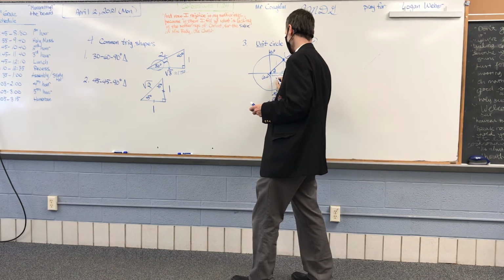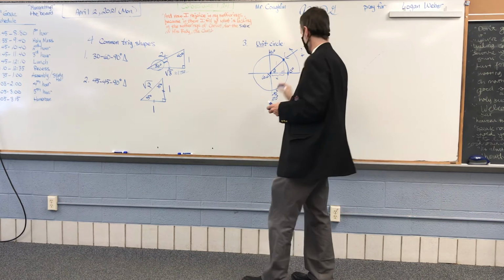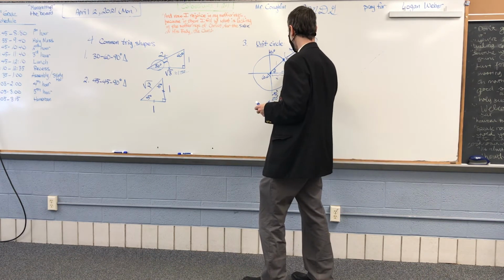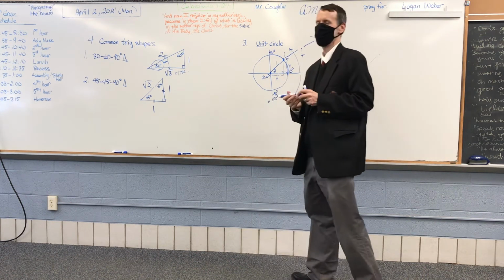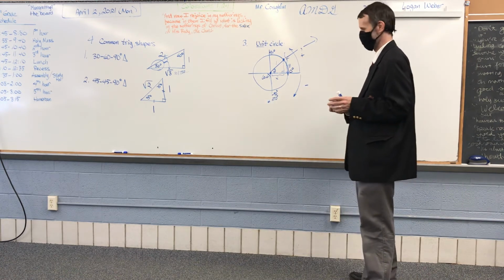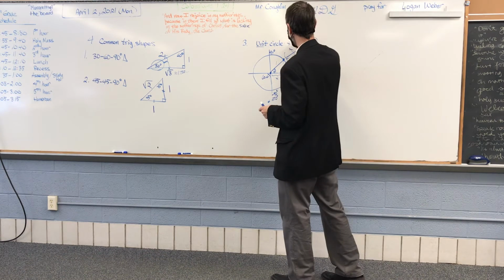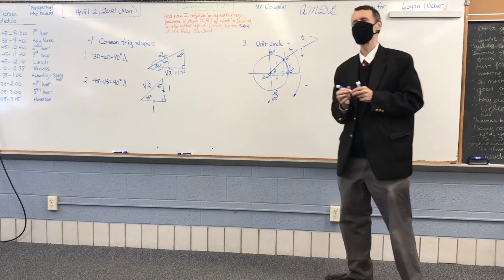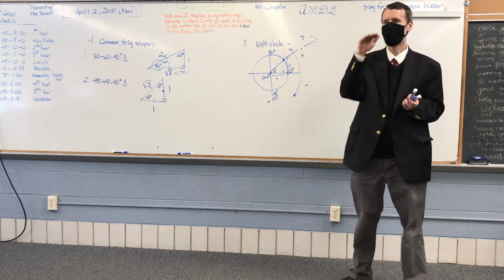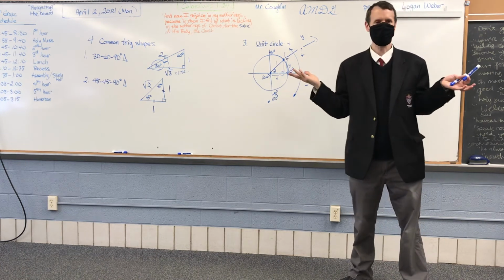I'm just going to call it X, because I have no idea. Over here, look up here. I'm going to call this Y, because I don't know what that is either. Does that make sense? I have absolutely no clue. But does everybody see that this point would be X comma Y? X is how far over it is, and Y is how far up it is. I still don't know what the numbers are.